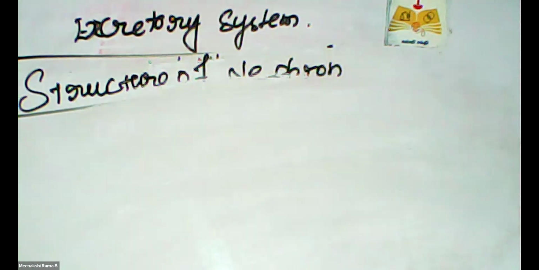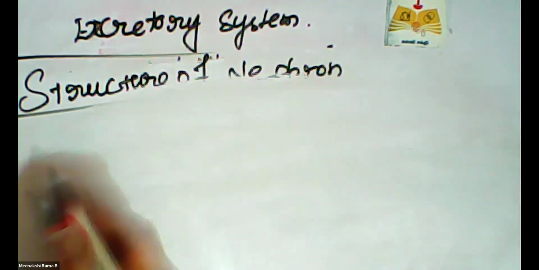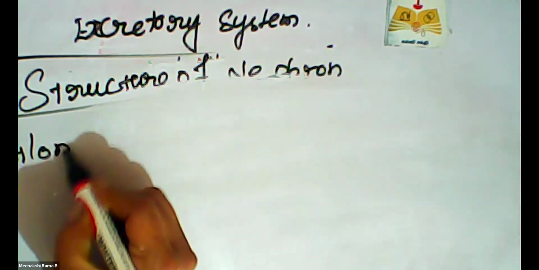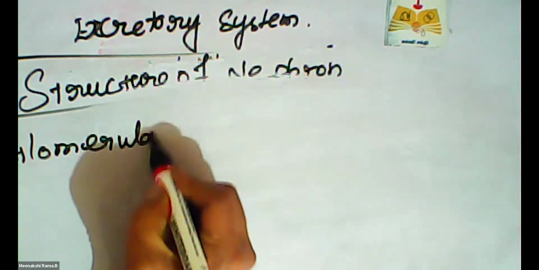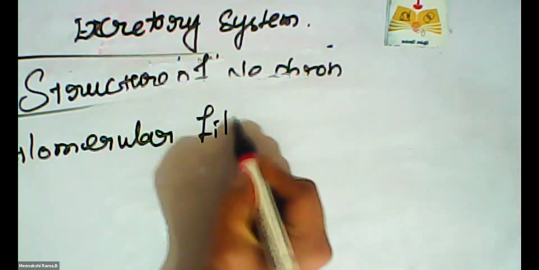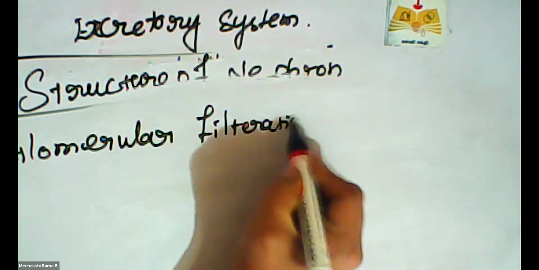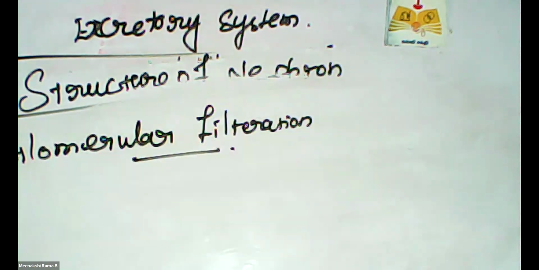The mechanism means first one is glomerular filtration, and then tubular reabsorption, and then tubular secretion. These three functions are done in that area. First one is glomerular filtration. What is glomerular filtration?